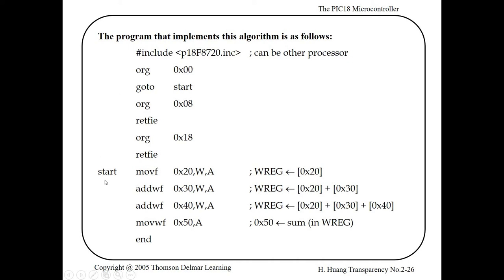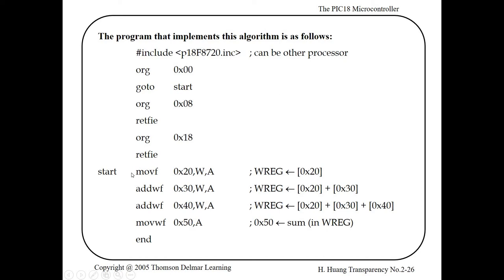So this is how a complete program should be. So you should have the hash include, the program start template, and then your start and your end. So this is the whole template. And in between, here you should put your instruction sequence, and this makes up a complete assembly language program.